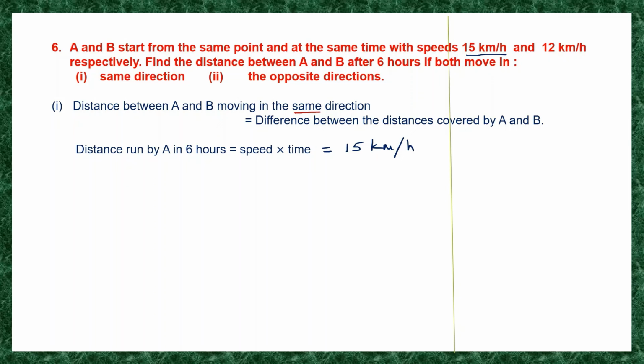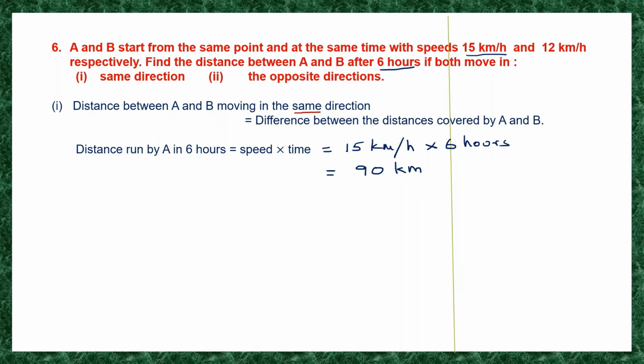The time is given as 6 hours. So into 6 hours. Now if we multiply these, we will get our distance. The distance run by A. So 15 into 6 is 90 kilometers. So this is the distance run by A.